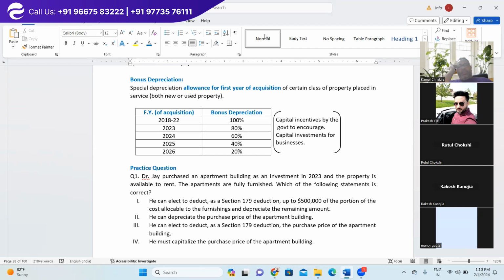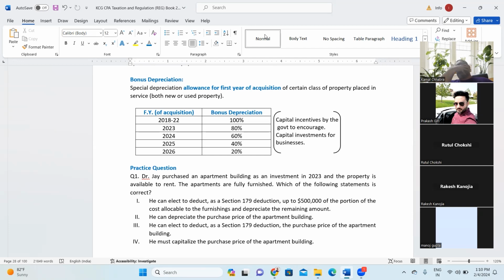Second, he can depreciate the purchase price of the apartment building. Can he depreciate the entire purchase price? The answer is no, right? There may be other apartments in the building also, since he is owning one apartment, so you should not be considering that.